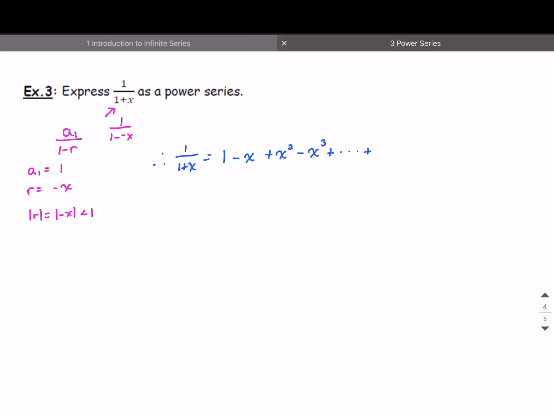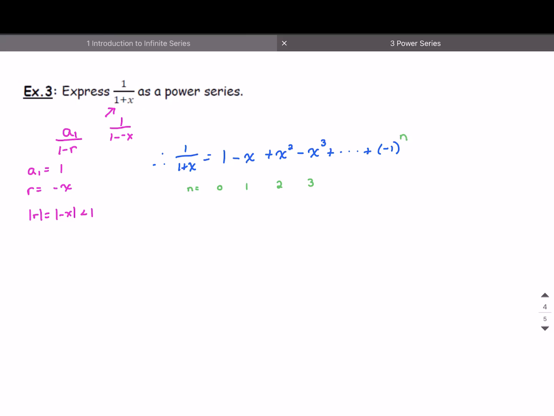Now, because the signs are alternating, we need to raise negative 1 to a power. Now, should we raise it to the n or the n plus 1? When n was 0, we got positive. When n was 1, we got negative. When n was 2, we got positive. And when n was 3, we got negative. So all the odds will give us a negative, and all the evens will give us a positive.